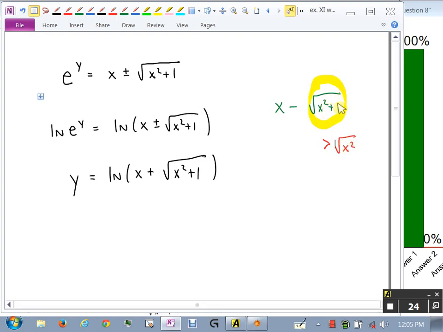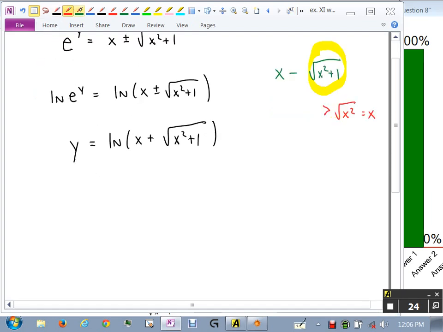Yes, that's bigger than the square root of x squared? And the square root of x squared is basically x, isn't it? So wouldn't this mean that this thing in the yellow is bigger than x? So if I take x and subtract something bigger than x, it's going to be negative. And I can't take the natural log of a negative number. So I'm going to throw out the negative. So this is it.